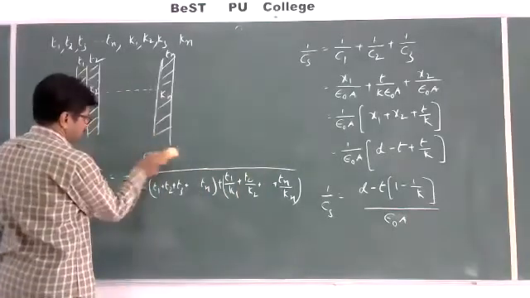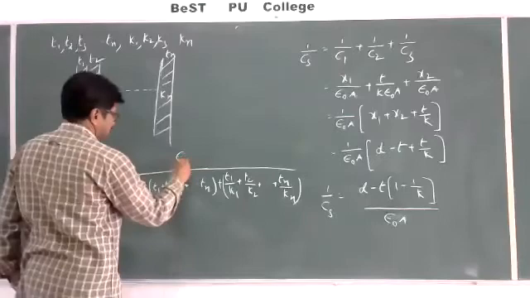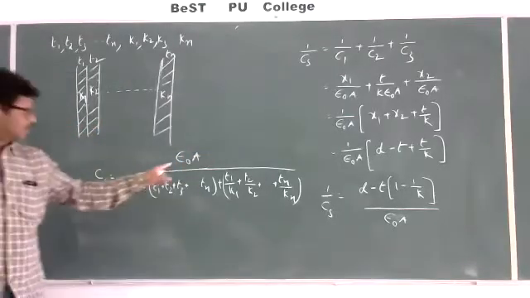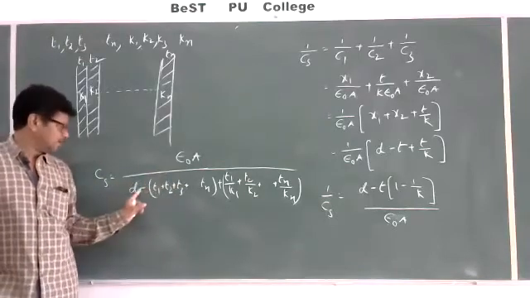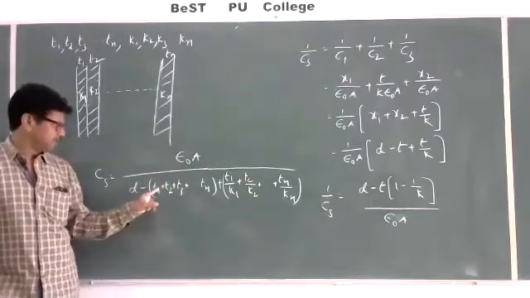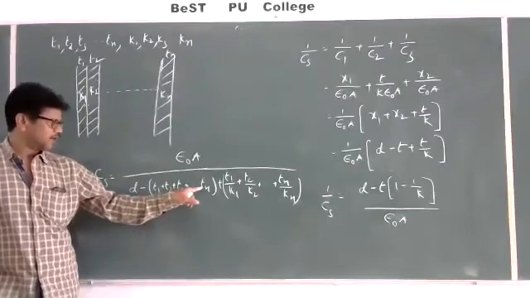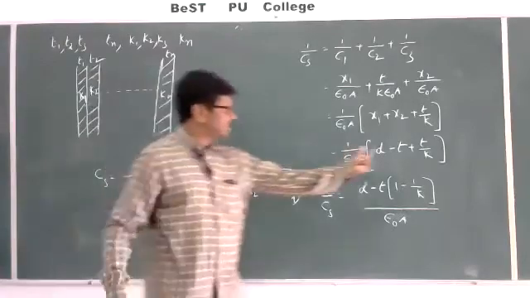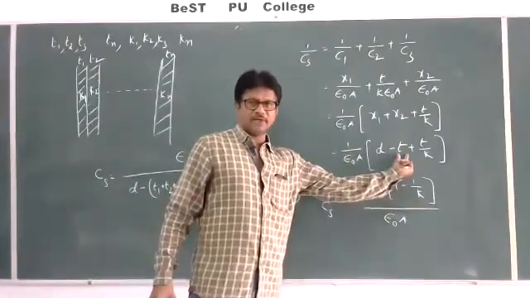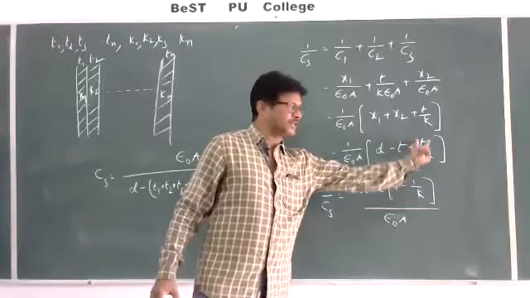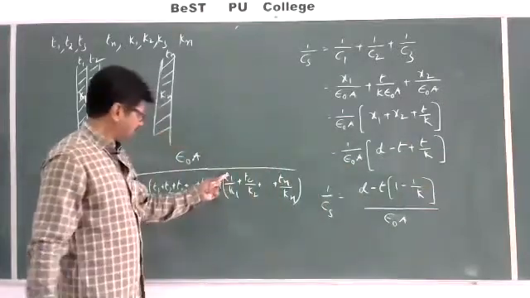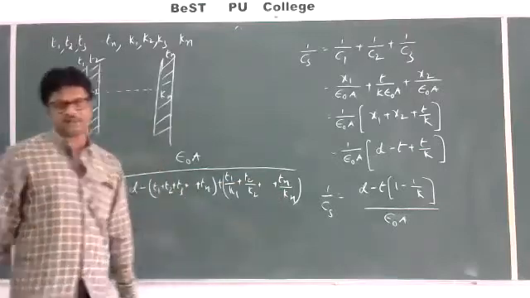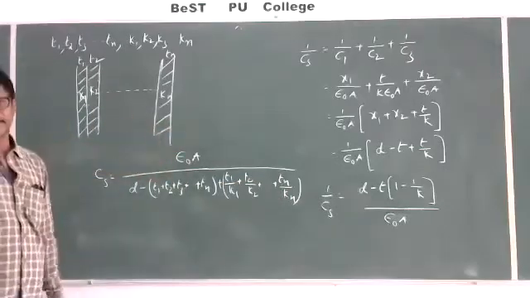So this is the formula to find the new capacitance. Epsilon naught A by D minus the entire thickness, then I take the sum of the ratios of thickness and dielectric constant: T1 by K1 plus T2 by K2 plus T3 by K3 and so on Tn by Kn.